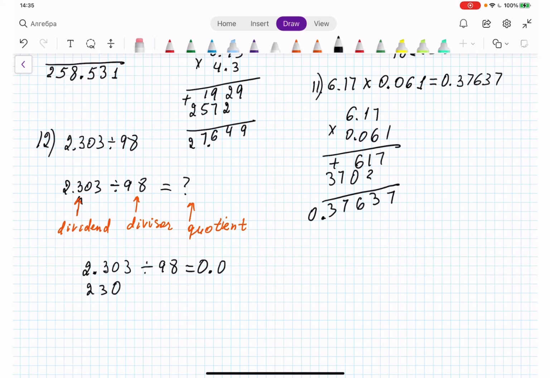Bringing down 0. 230 divided by 98. So I'm taking these two numbers, 23, and dividing by 9. It's going to be twice, right? So 2 times 8 is 16, 1 in mind. 2 times 9 is 18, and 1, 19. Yes?